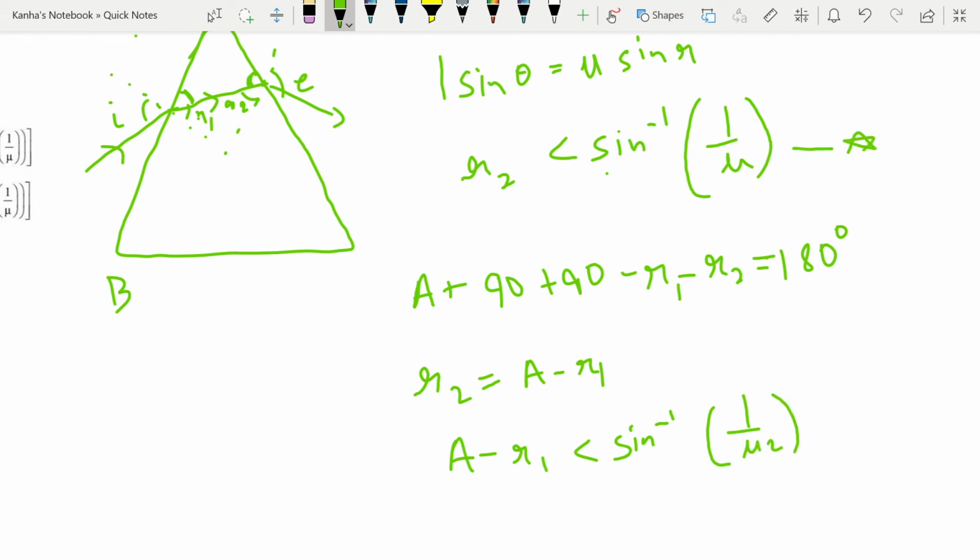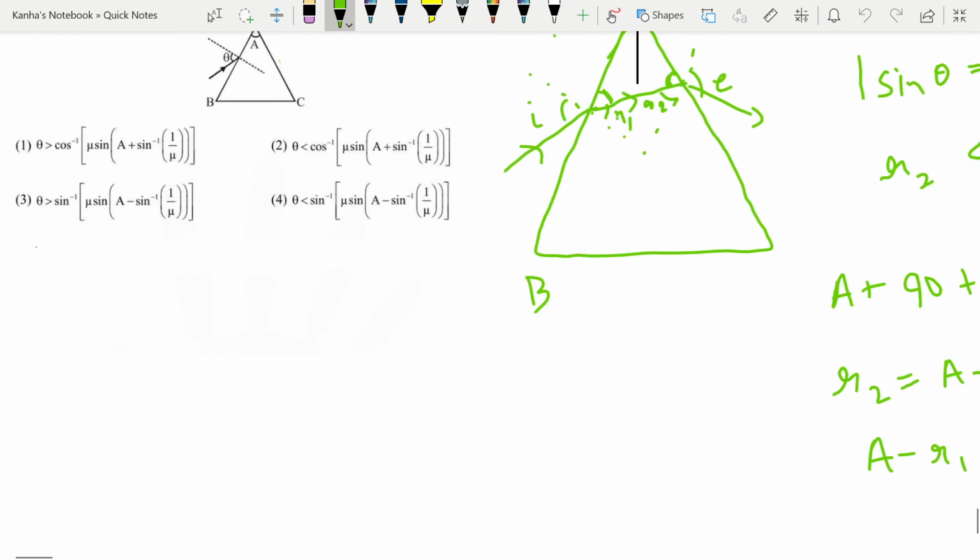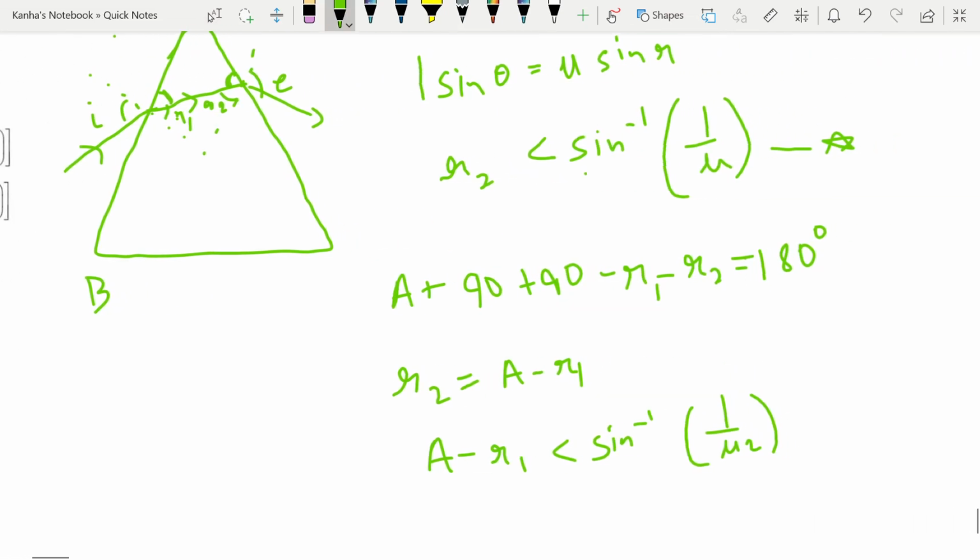This is the condition that we need to apply. So you can easily see that this is the case for the first equation. So your theta should be greater than sine inverse of mu sine A minus sine inverse 1 by mu. So this is your answer.